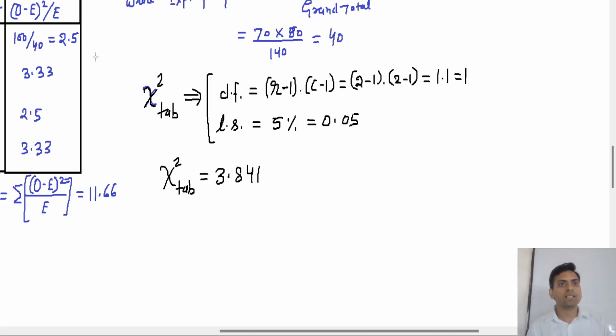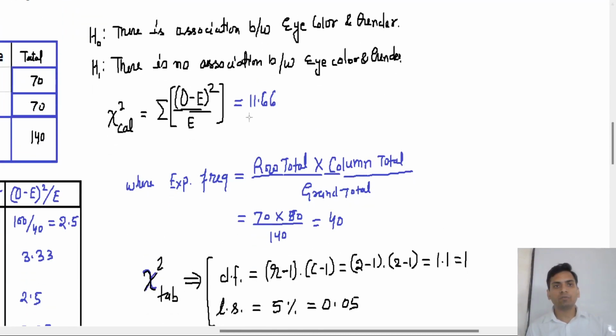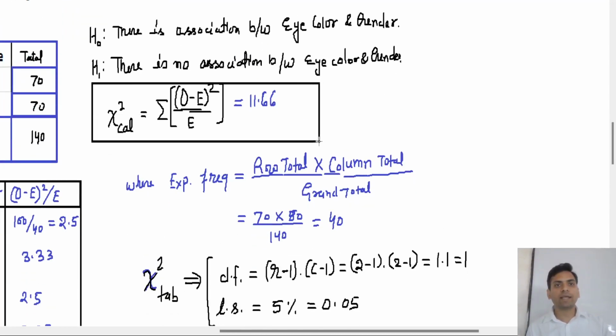So this is your chi-square tabulated value. So we have chi-square calculated, we have chi-square tabulated. Now what will we do?